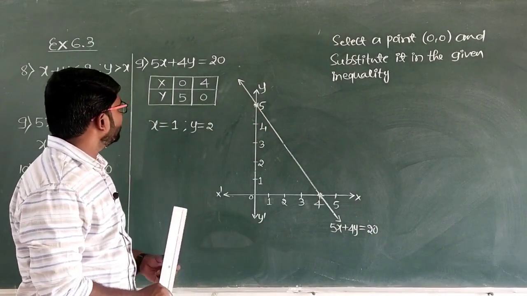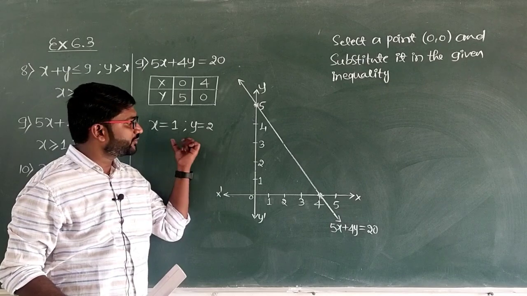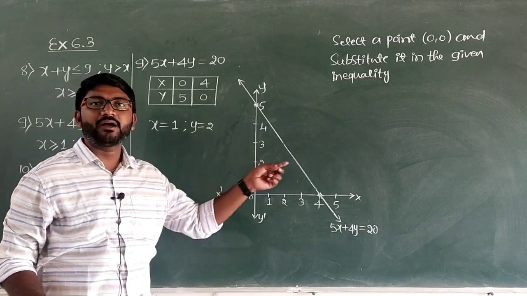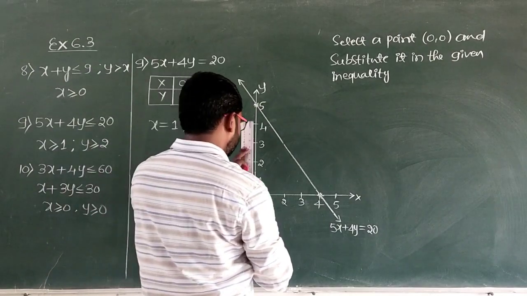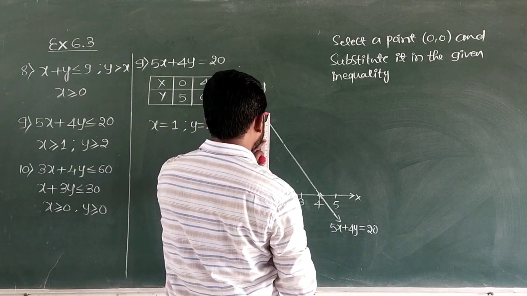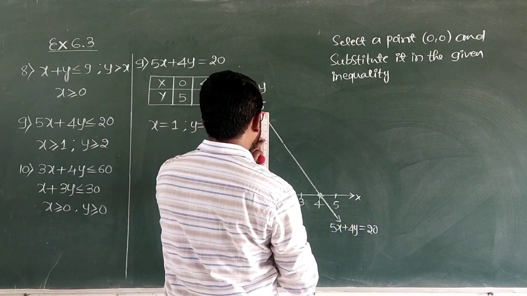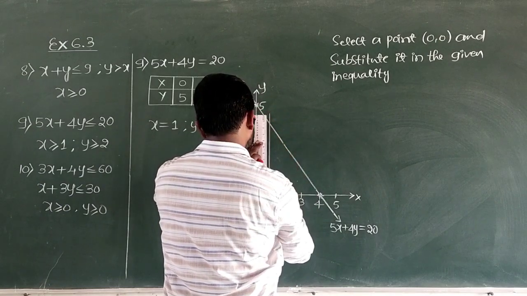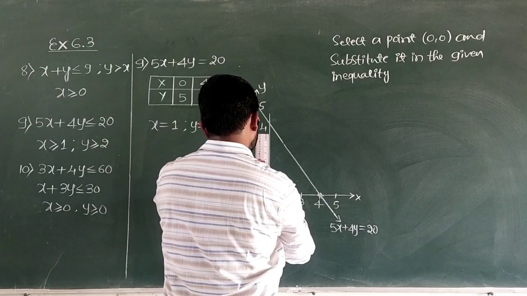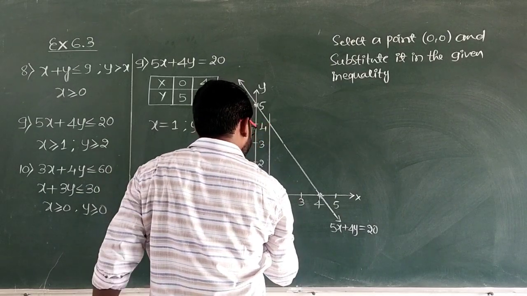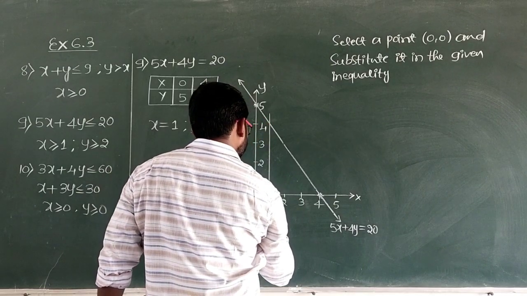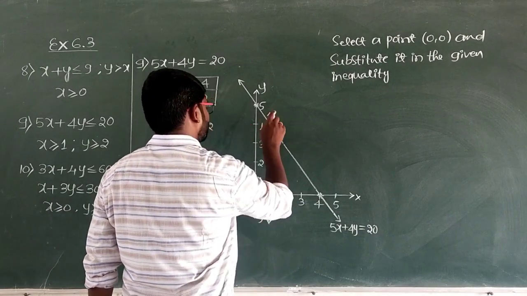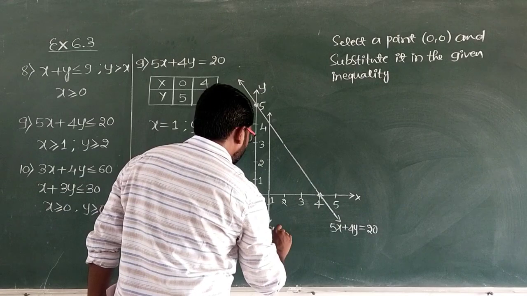Now we need to draw these two. x equal to 1 is a vertical line whereas y equal to 2 is a horizontal line. Let us draw x equal to 1. It is a line which is parallel to the y axis. So, this is x equal to 1.